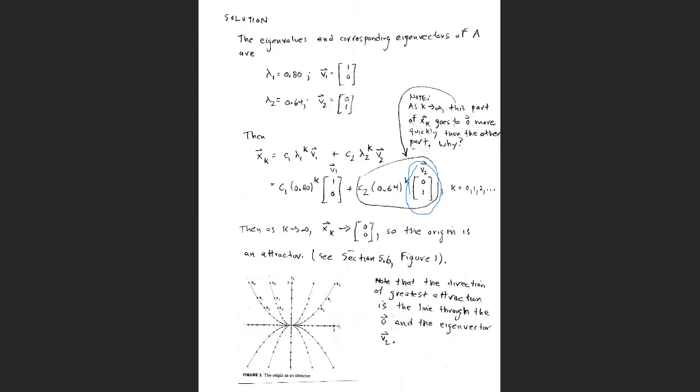Look at this trajectory here, look how it goes in to the origin. Look at the path it takes into the origin. Is it going in deep or is it going in shallow?